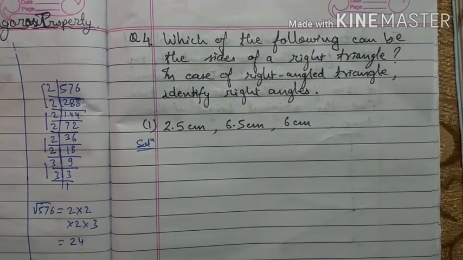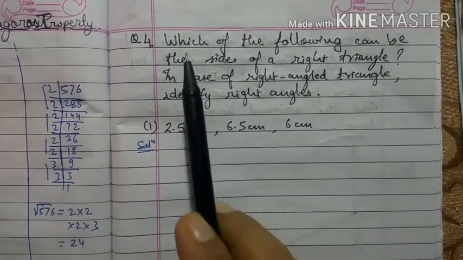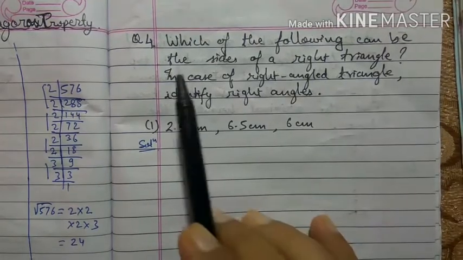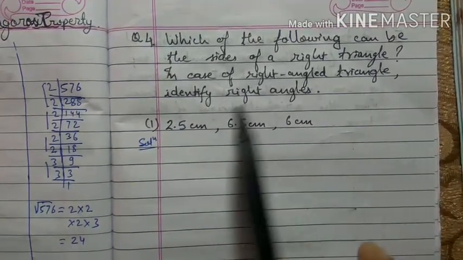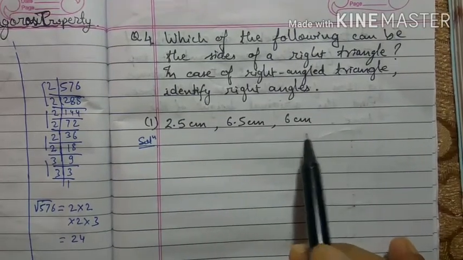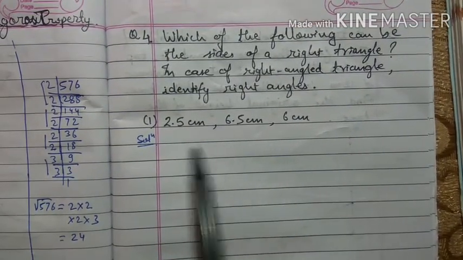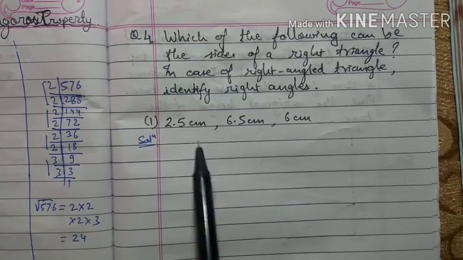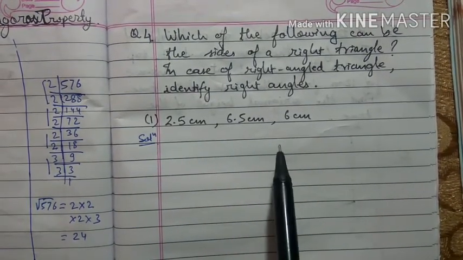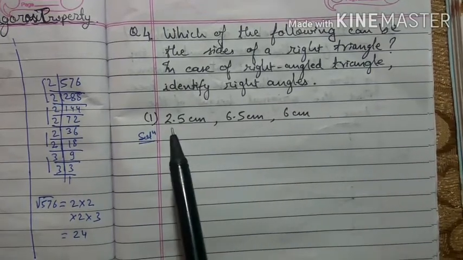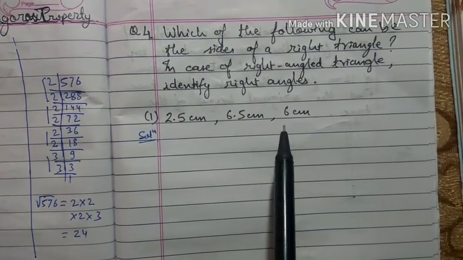Now next question is question number 4: in which of the following can be the sides of a right angle triangle. In case of a right angle triangle, identify the right angle also. So for that, the three sides are given: 2.5 centimeter, 6.5 centimeter, and 6 centimeter. We have to check whether these are the sides of a right angle triangle or not.